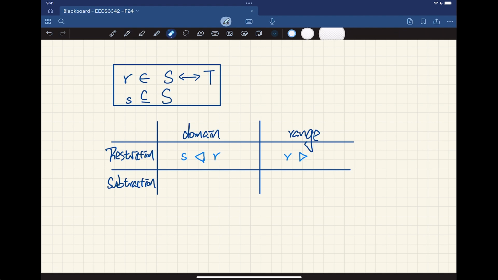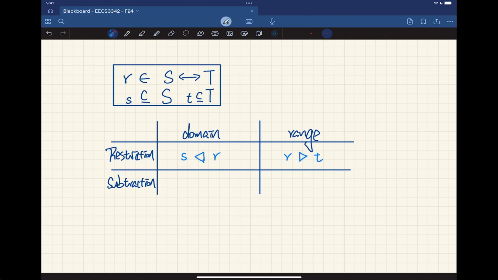I think it will be better for me to introduce just another set, let's say T. All right, I think that'll be better. So this triangle over here is a restriction. When it's pointing to the left, it's pointing to the domain. When it's pointing to the right, it's pointing to some range.